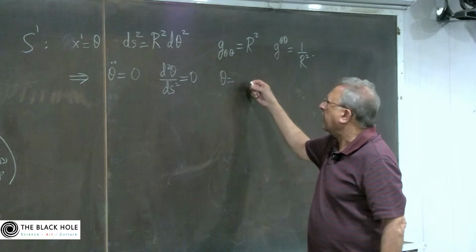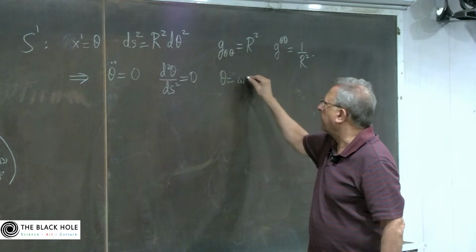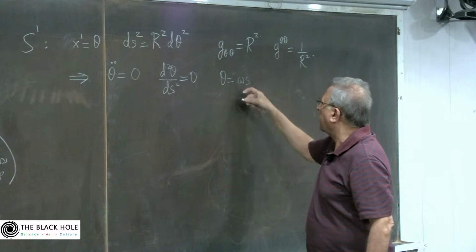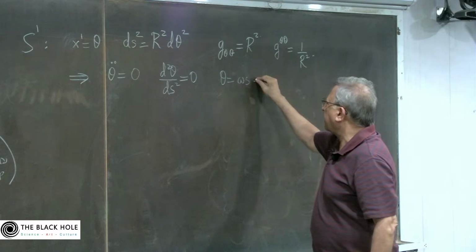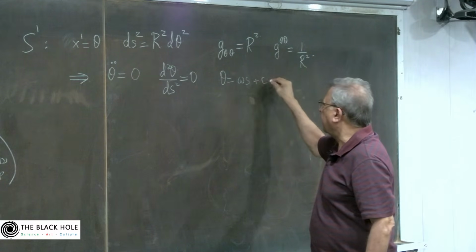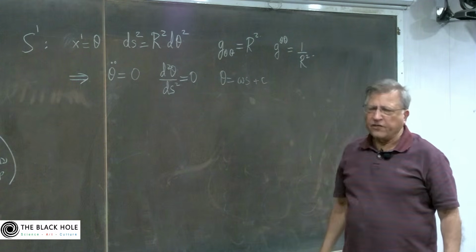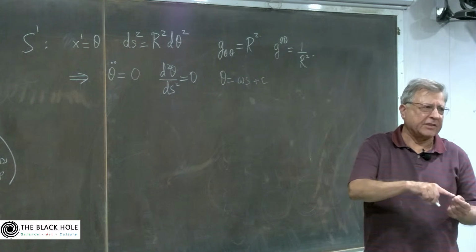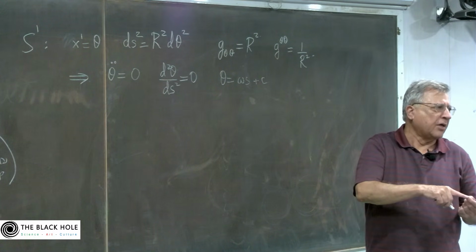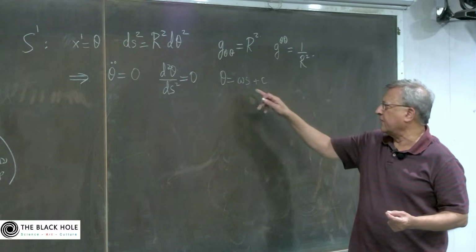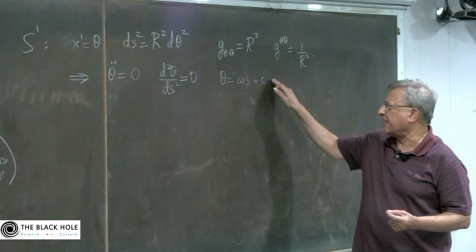Theta is equal to some constant times s plus some other constant c. And if you start by measuring distance from 0, let's say at s equal to 0, theta is 0, then that means that c has to be 0.